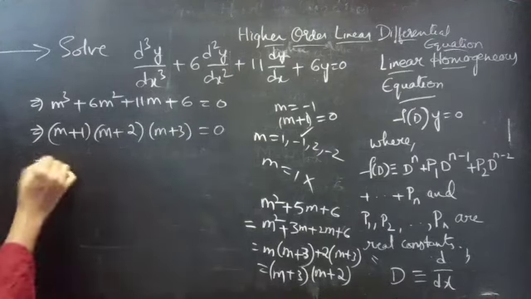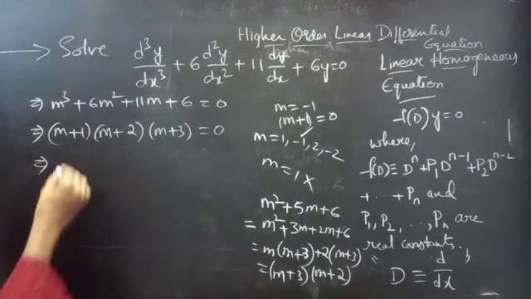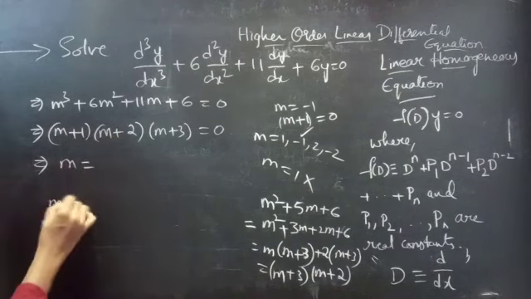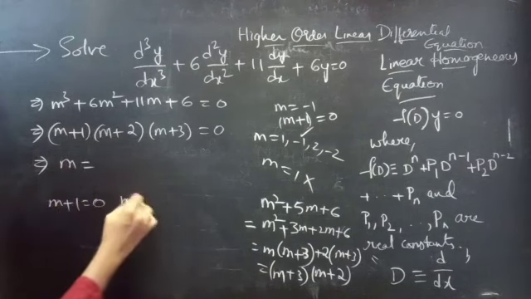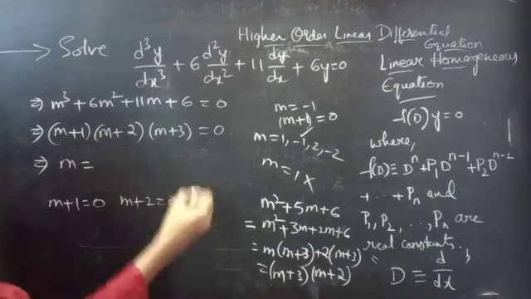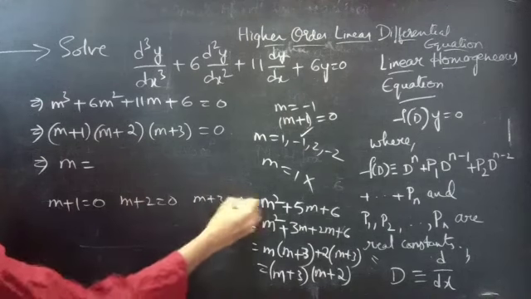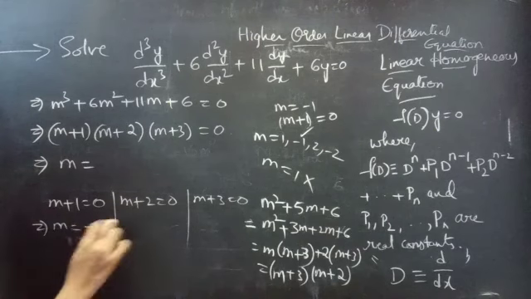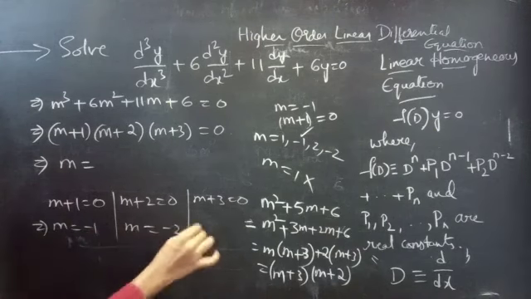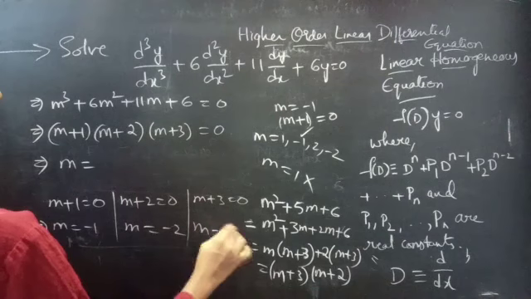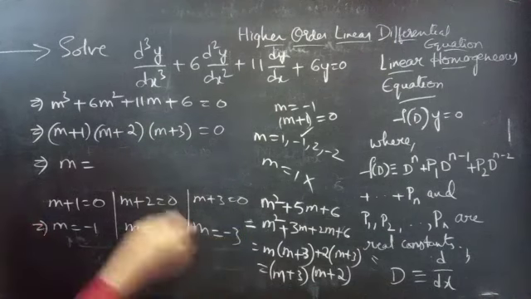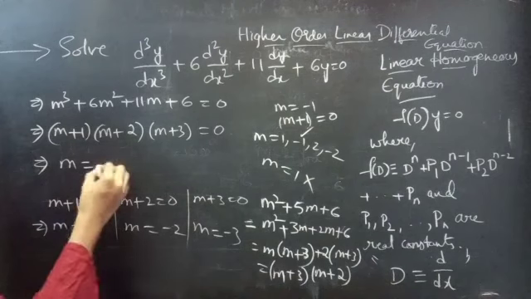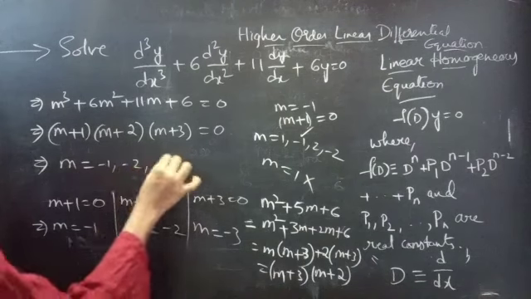Okay, from this we'll get m equals, simply consider m plus 1 equals 0, m plus 2 equals 0, m plus 3 equals 0. Then from this we'll get m equals minus 1, m equals minus 2, and m equals minus 3, right? Which are the roots from these factors.